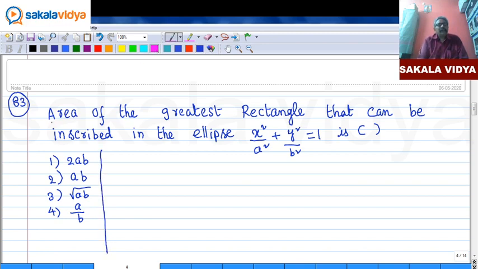The area of the greatest rectangle that can be inscribed in the ellipse x square by a square plus y square by b square equals 1 is. You need to find out. So that means actually here, see, take the coordinate axis.